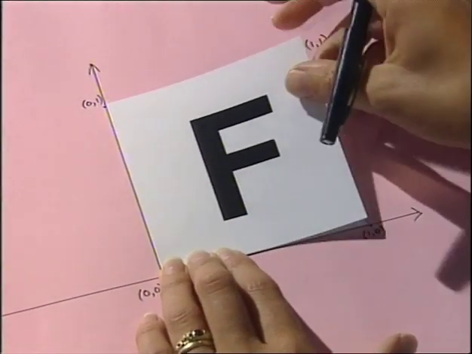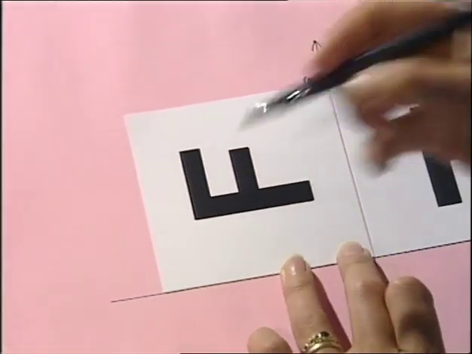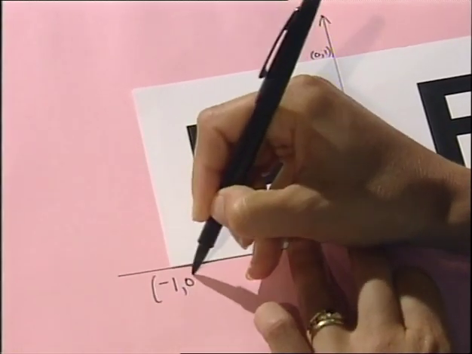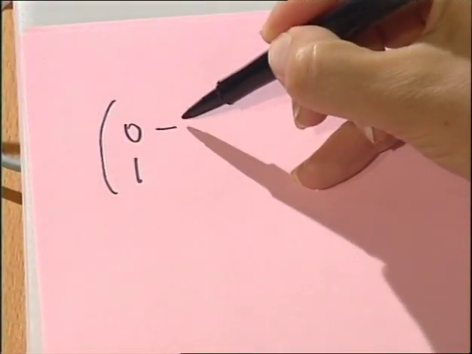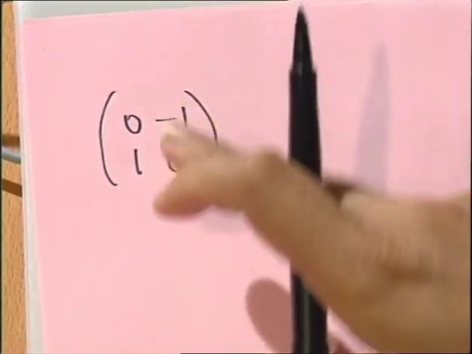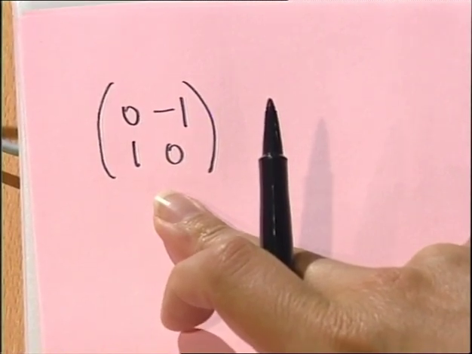Now that rotates to (-1, 0). So we can fill in the second column. That's (-1, 0).